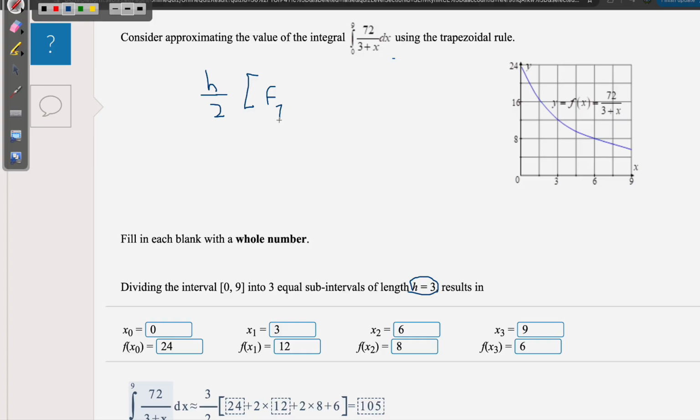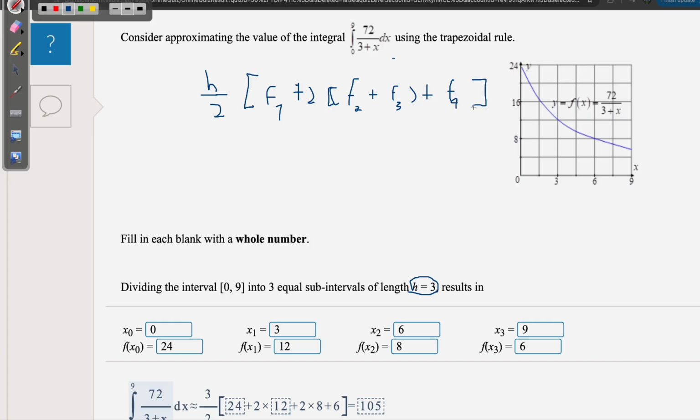I'll explain what I mean by f1 in part B. Then plus 2 times f1 plus 2 into f2 plus f3, then we close brackets and we add f4, and then we close brackets.